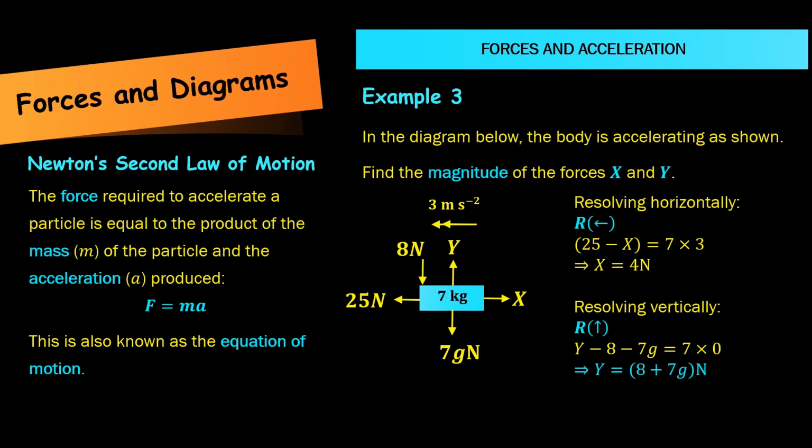And tidying up gives us y equals 8 plus 7g N. And of course we're taking g to be 9.8, so plugging that in and calculating gives us that y equals 76.6 N.